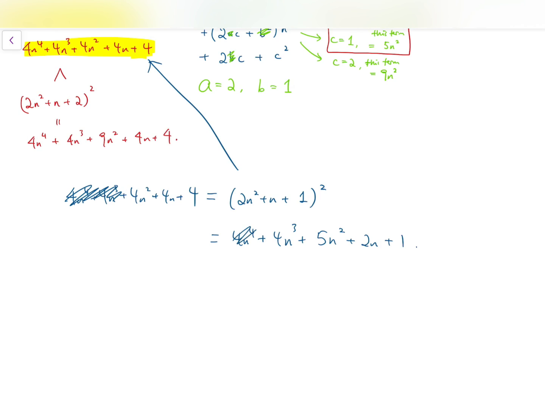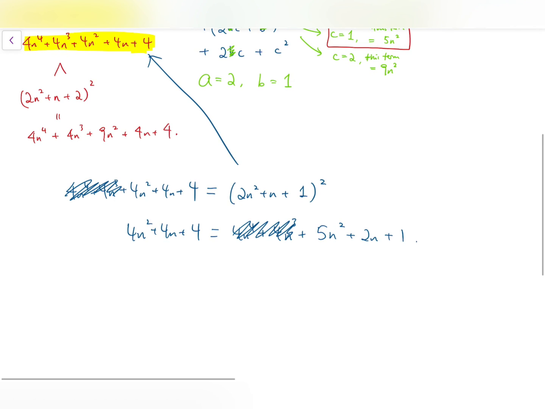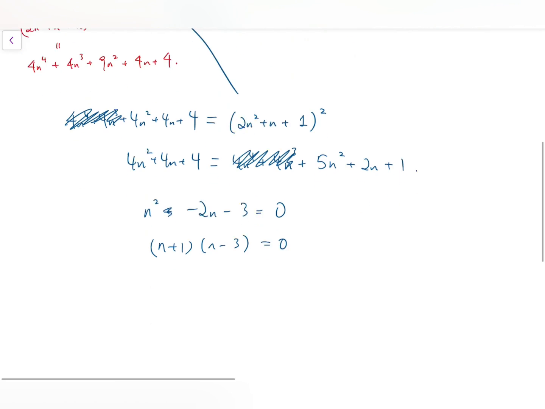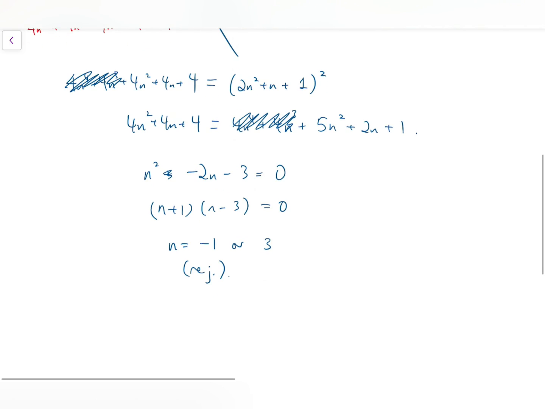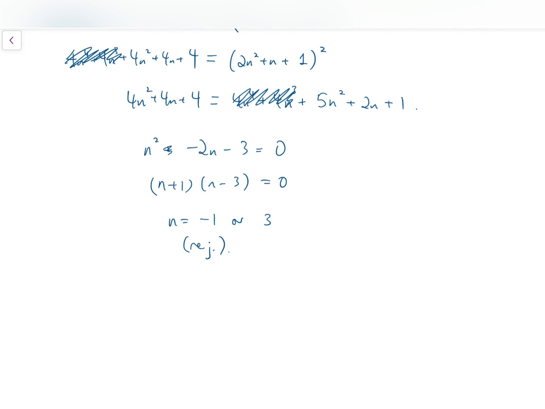And the first two terms cancel out, so it's just a very simple quadratic equation at this point. It's n squared minus 2n minus 3 equals 0. So we just factorize and solve. Of course, we won't have base minus 1, so it's base 3.